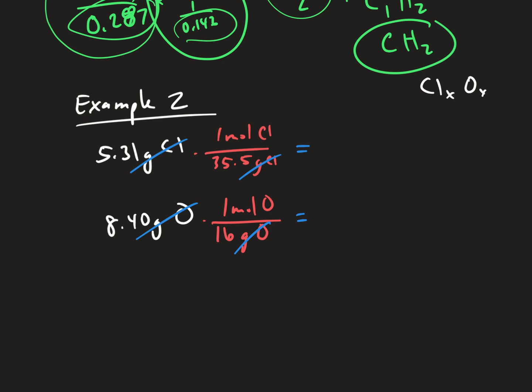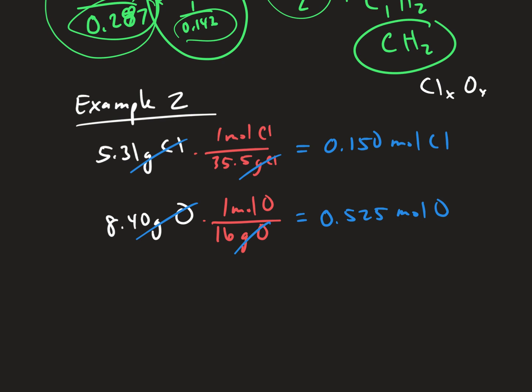Okay? All right, so on this first one, we get 0.150 moles of chlorine. And on the second one, we get 0.525 moles of oxygen. Are we all with me? Any questions?